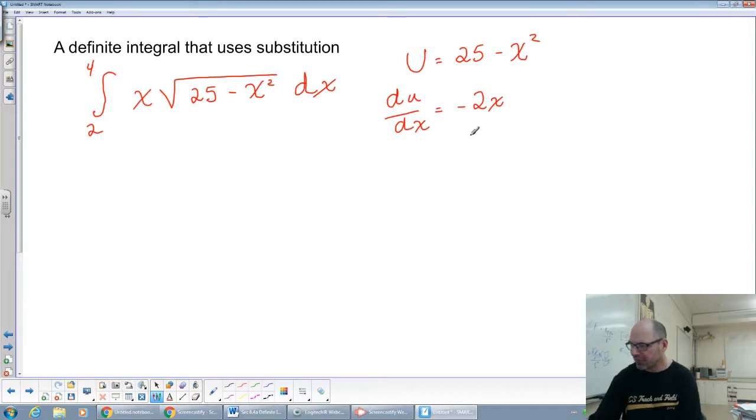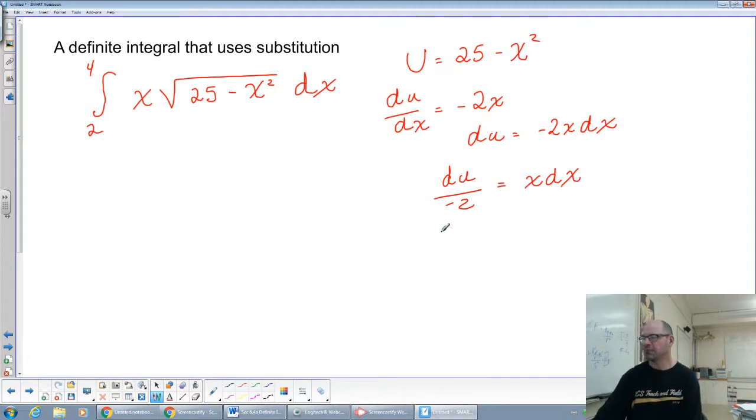So if we represent that in du, this becomes minus 2x dx. As we can see, we want it changed into x dx. So if we divide by negative 2, this becomes x dx.